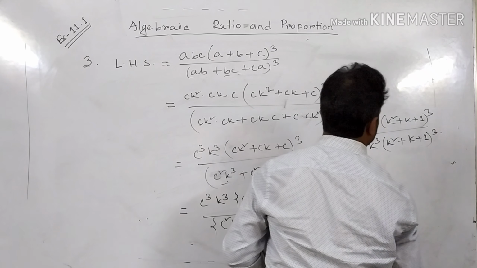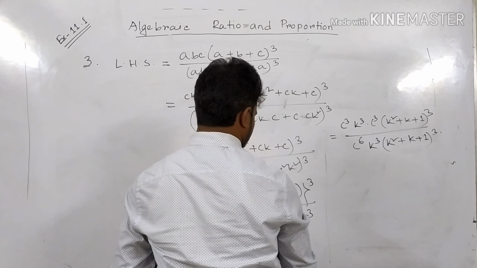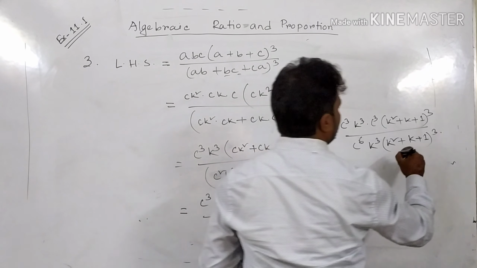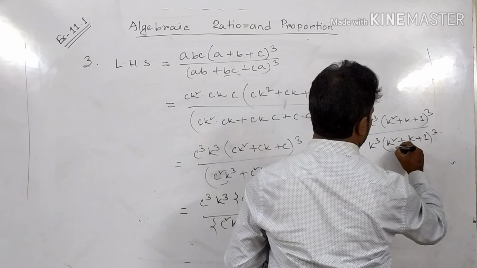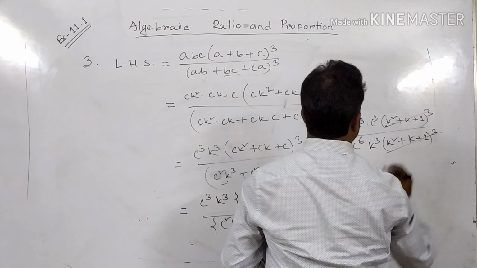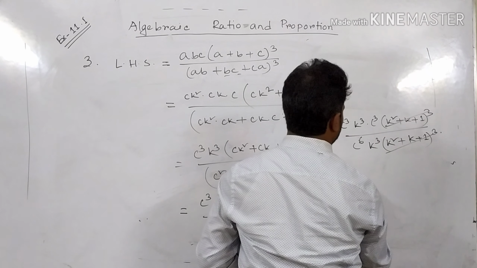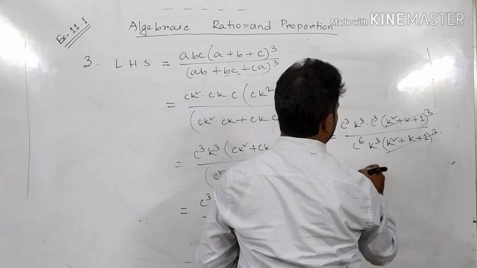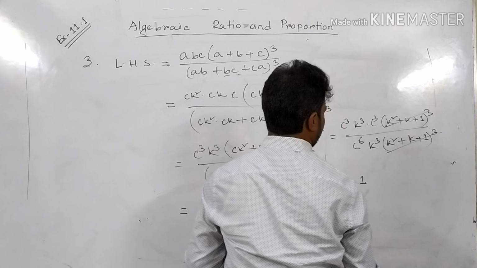I arrange it. Now eliminate this, and here also, if you omit, you will get 1.